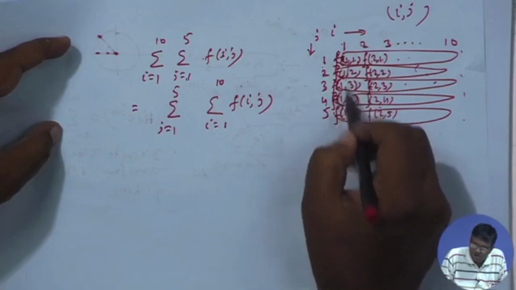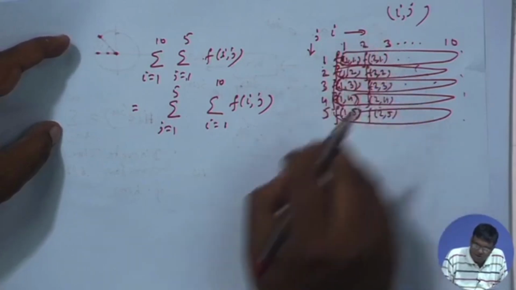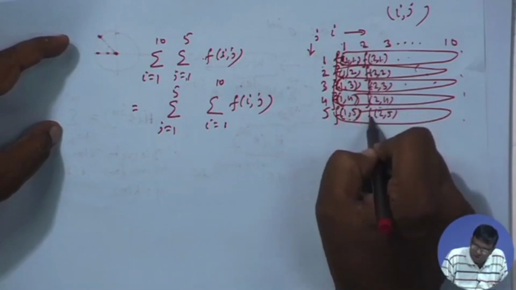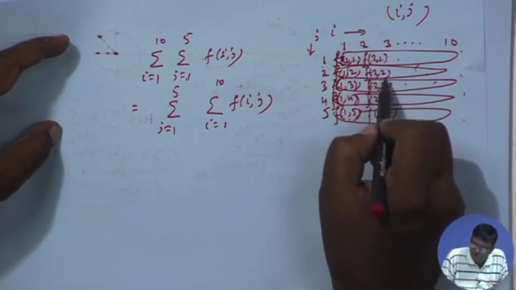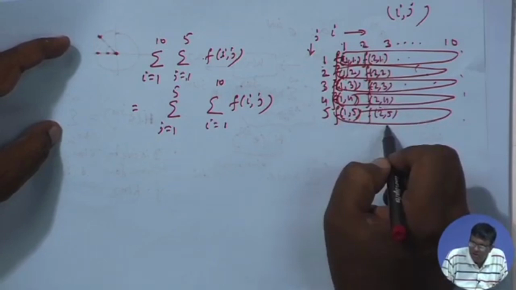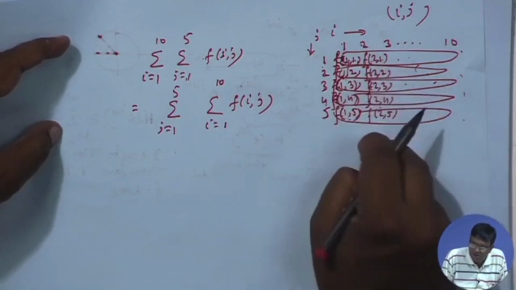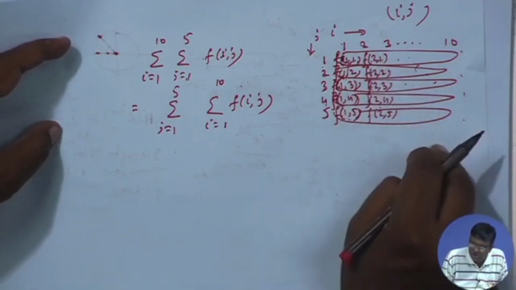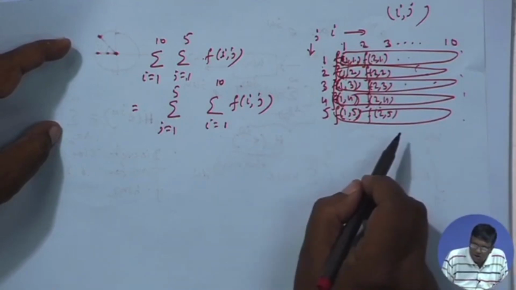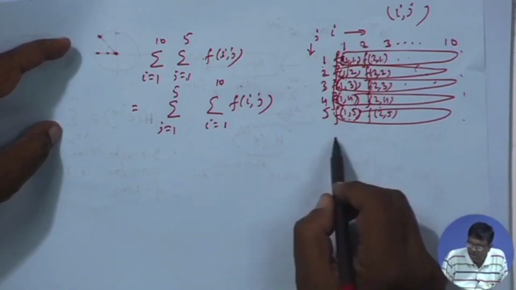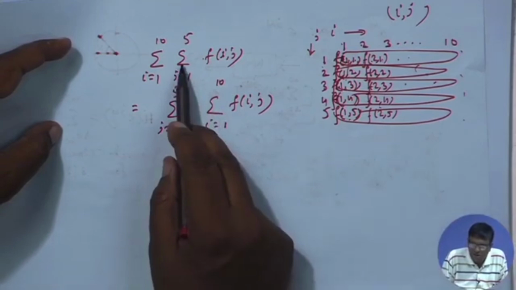That is i fixed, j varying. Finish this column, hold the result. Then change i to 2: f of 2 comma 1, f of 2 comma 2 up to f of 2 comma 5. So j is varying, i fixed at 2. Again hold the result. And these results you then add over i, because this is the i axis, i equal to 1, i equal to 2 like that.